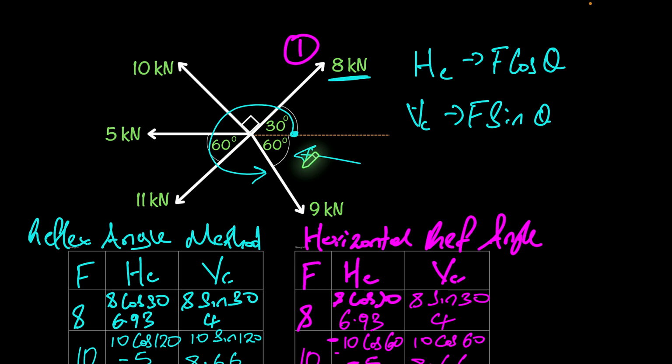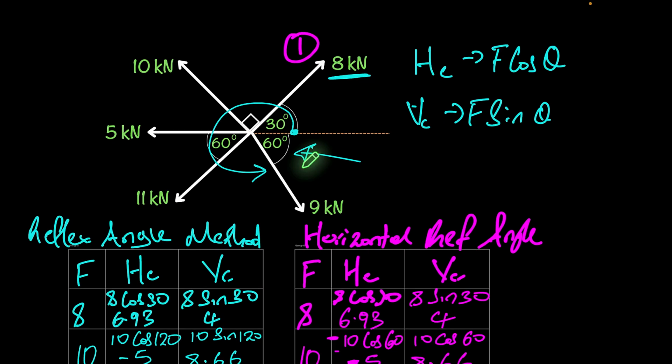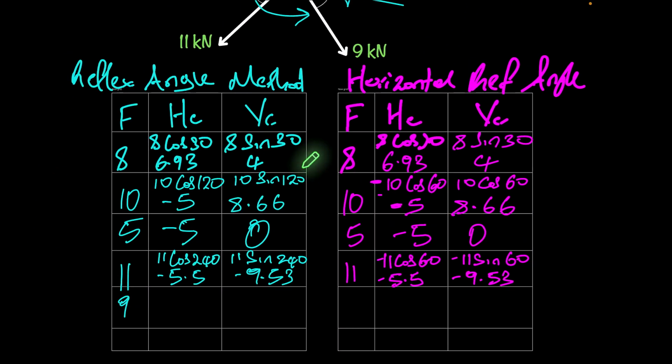So let's go ahead with the rest of the calculation here. We end up with 9 cos 300 degrees, and 9 cos 300 gives us 4.5. We do the same thing, 9 sin 300, and that gives us negative 7.79.